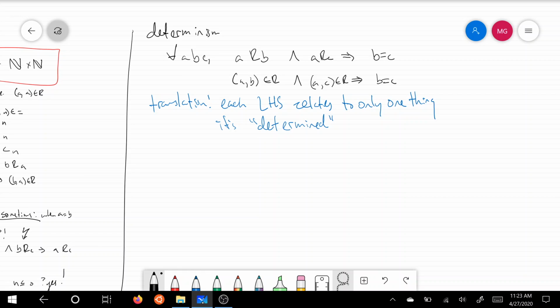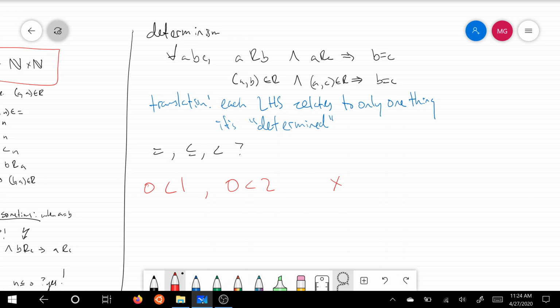Okay, so determinism. Let's think for a second. Are any of the relations we've looked at so far, equals, less than or equal to, less than, deterministic? Well, is less than deterministic? No. So let's do them in order. Less than: we can have 0 is less than 1 and 0 is less than 2.